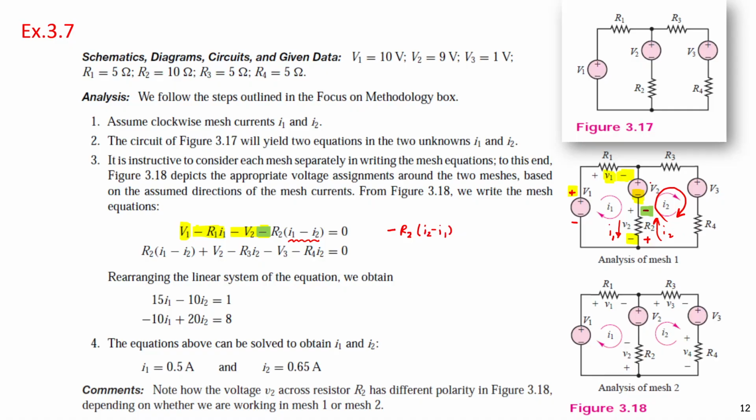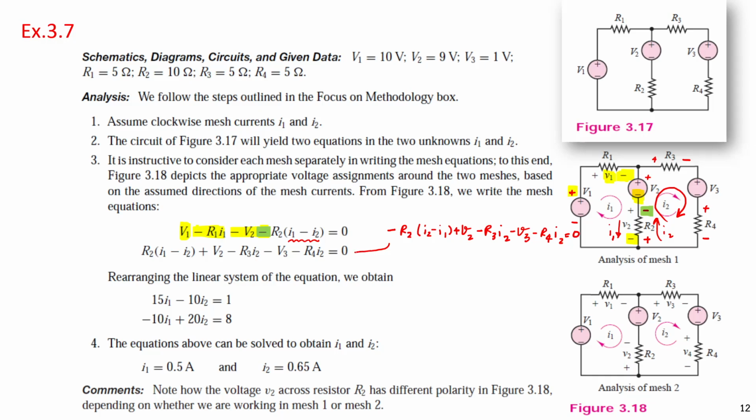Then plus V2, and then this is plus to minus, so it's minus R3 I2, and then minus V3, and then minus R4 I2 equal to 0.